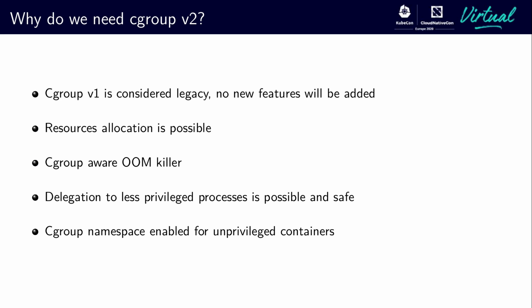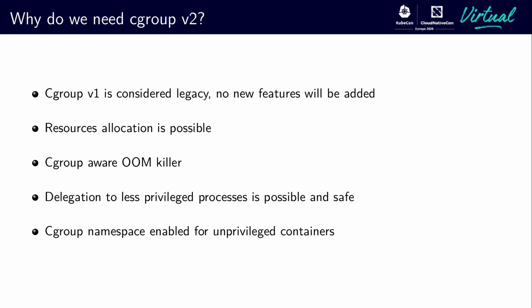And my favorite feature that we gained with cgroup v2 is that delegation to less privileged processes is safe. What does it mean? It means that we can create a sub cgroup and literally chown it to a different user and let the user fully manage it.